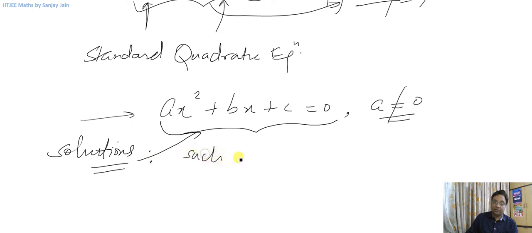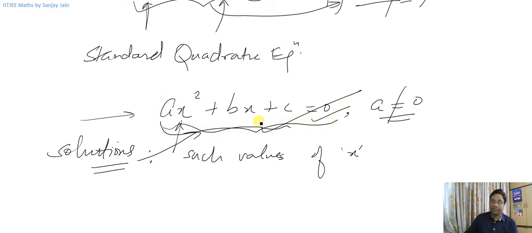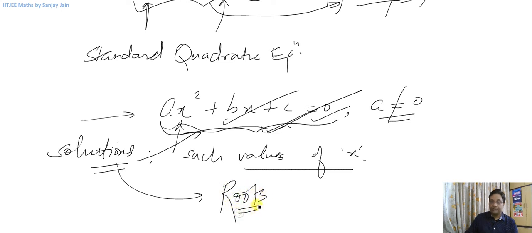Such values of x for which this equation is true, right? That means when I put x equal to that value, the left hand side will become equal to right hand side. Okay, in this case the left hand side should become 0 at that value. So such values of x for which this equation is satisfied is known as the solution, and another name for these solutions is roots, right?